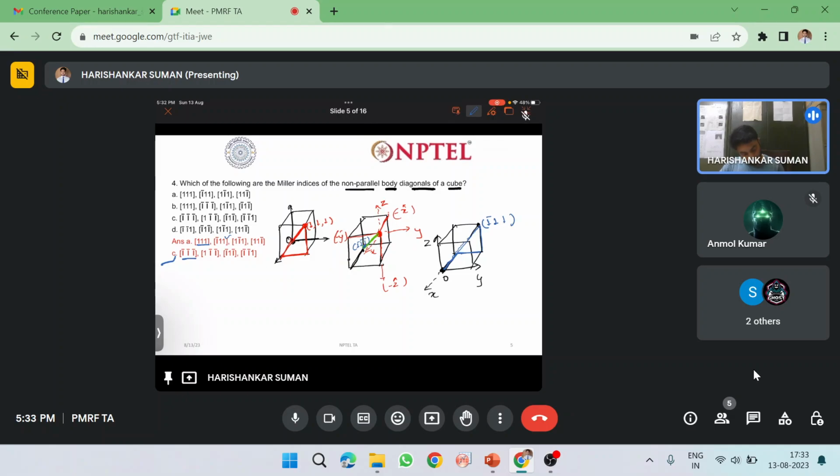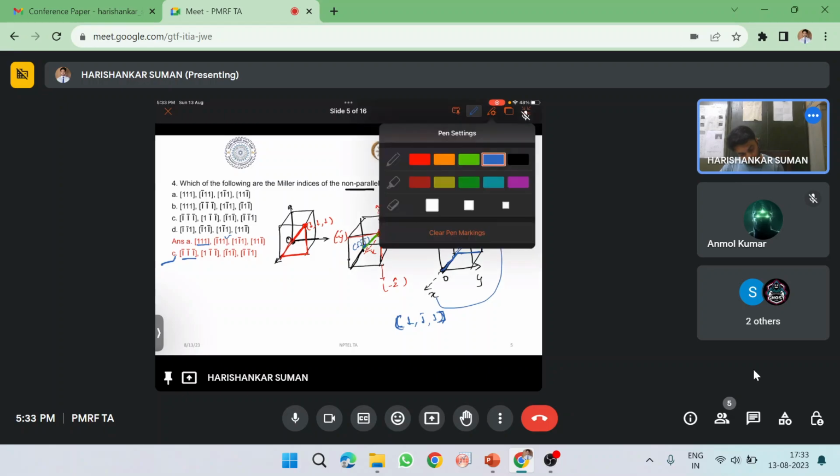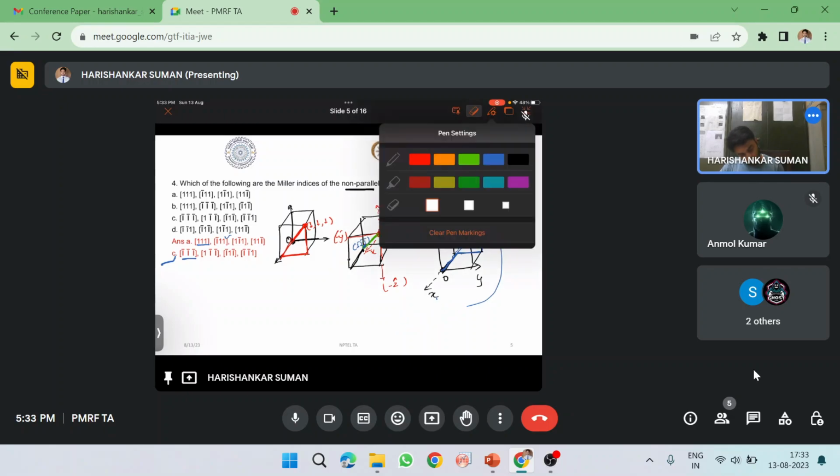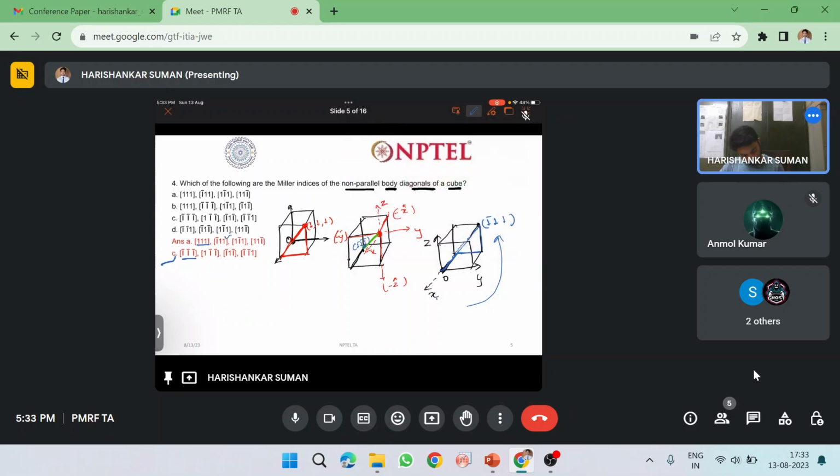Similarly, we can move our origin for y: 1, minus 1, 1.